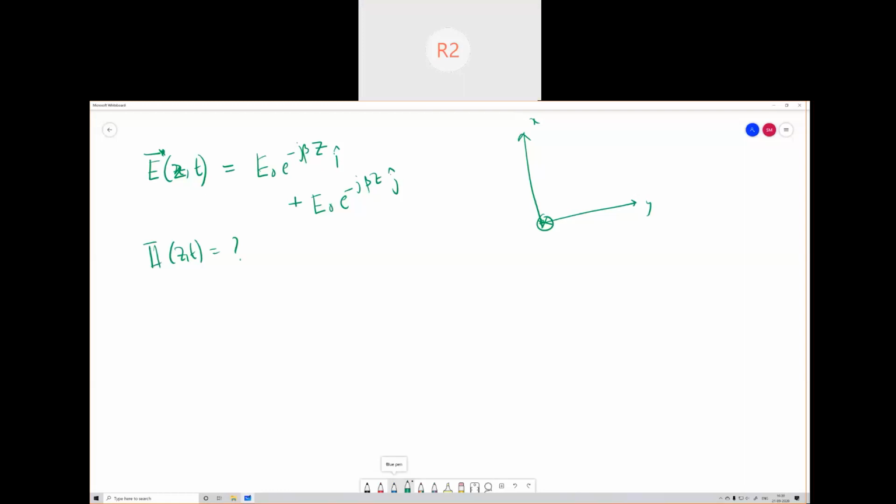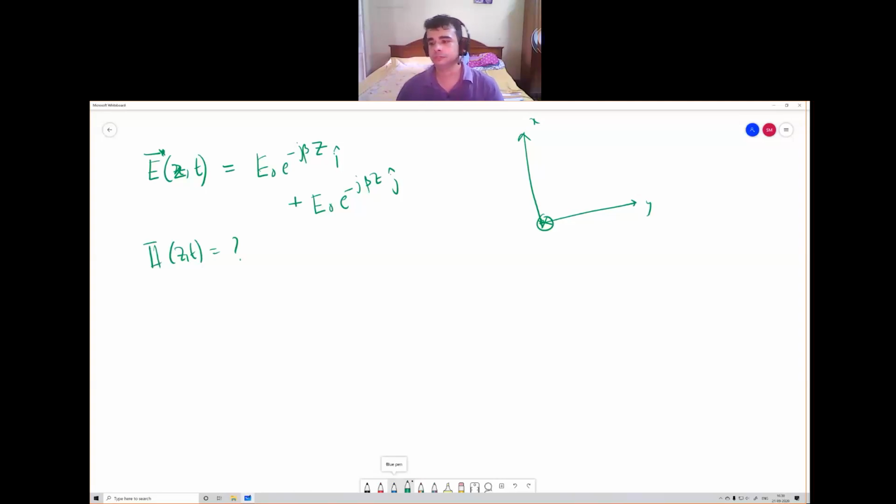The first question is whether this can be the electric field component, yes or no. If yes, then only will we bother about it. If no, then that is the end of it. Can this be the electric field component of an EM plane wave that is propagated in plasma? This is the first question.